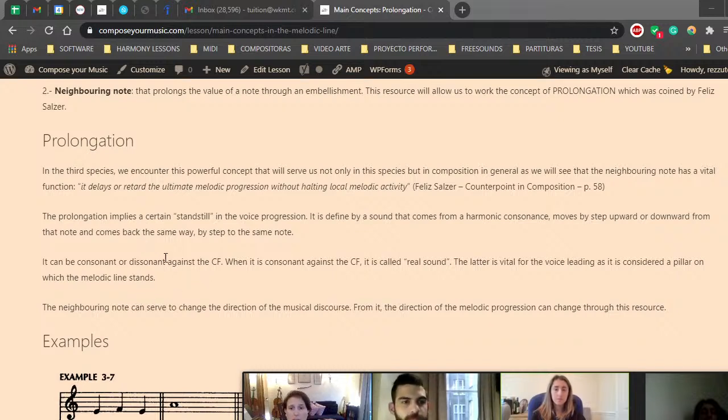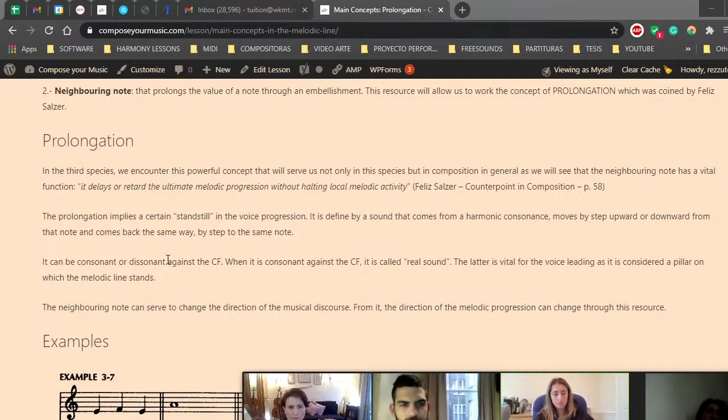the prolongation implies a certain standstill in the voice progression. In the voice progression, not in the melody. That's why it's a standstill, because it doesn't progress. It is defined by a sound that comes from a harmonic consonant, moves a step upward or downward from that note, and comes back the same way by step to the same note.